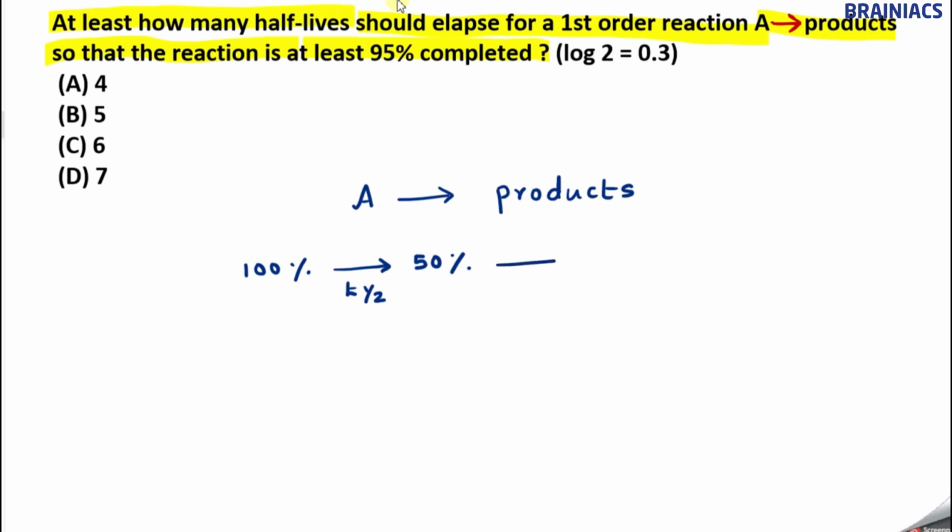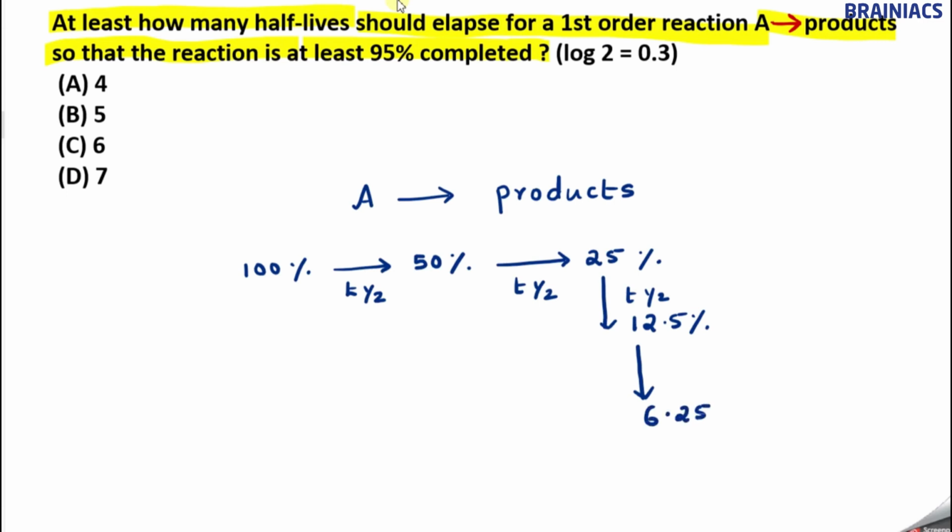From 50% to 25%, the next half-life is used, and from 25% to 12.5%, the third half-life is used. And from 12.5%, its half will be 6, correct?